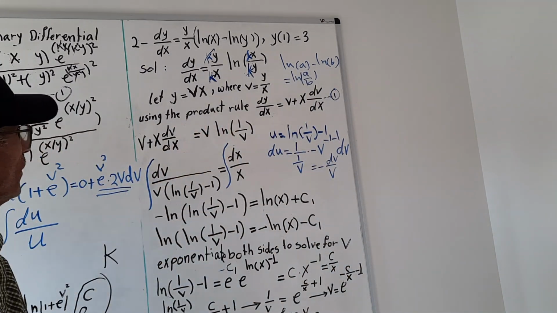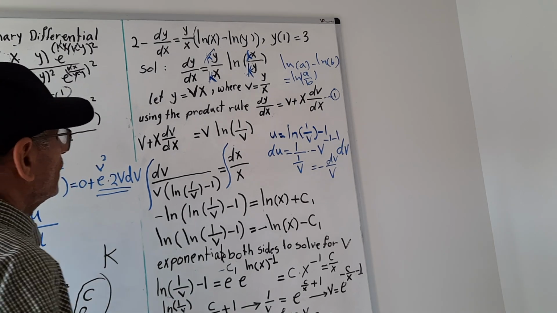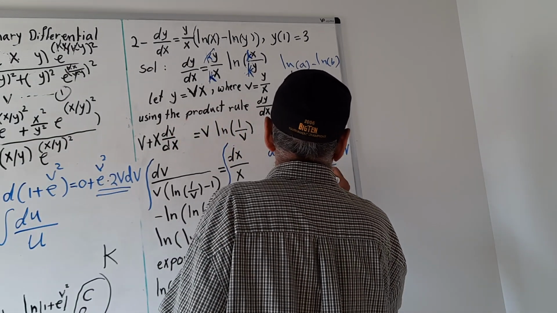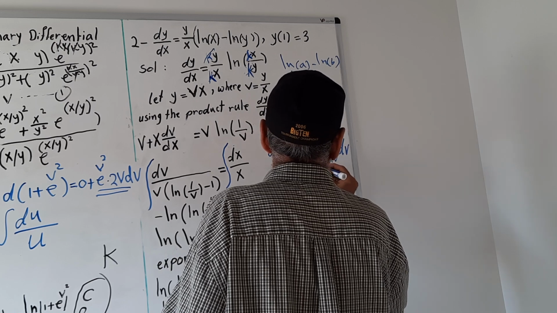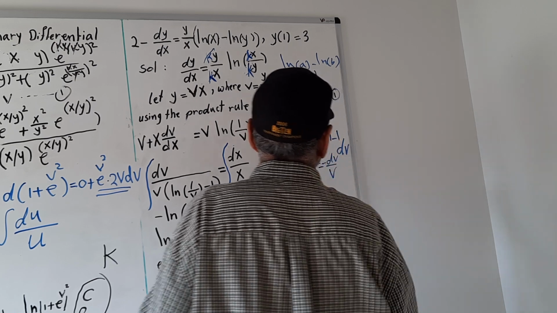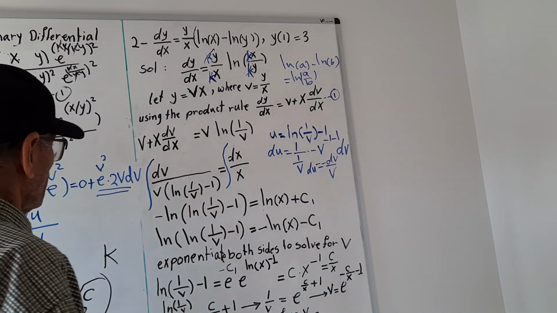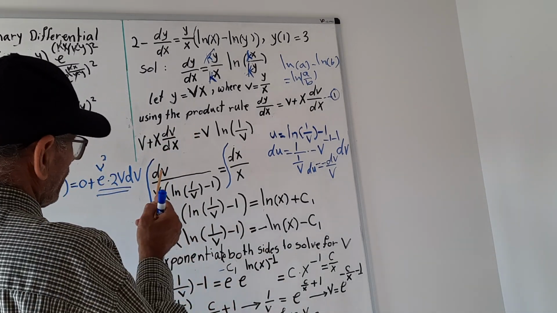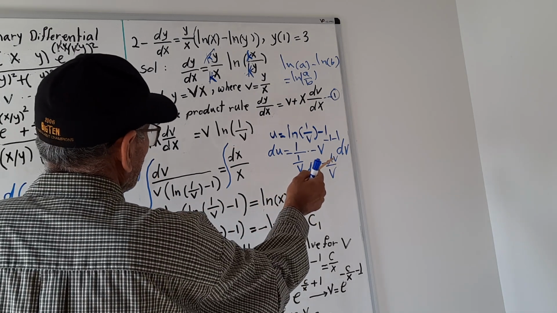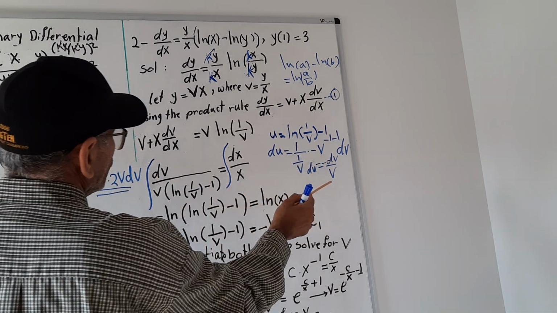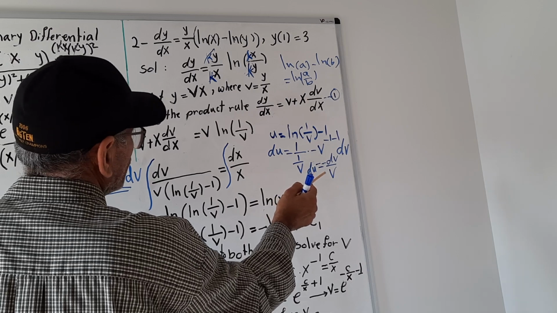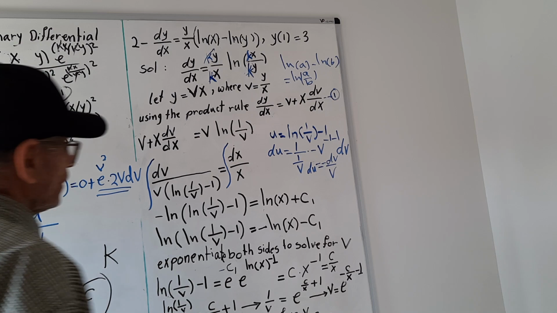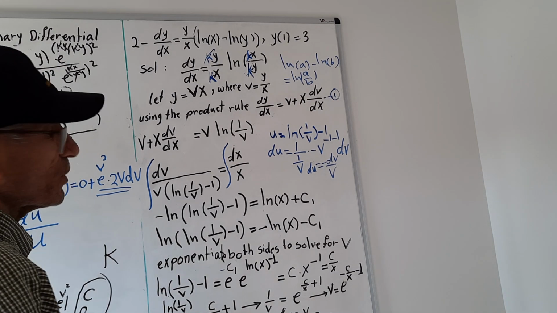This is how we did it here. So du equals minus dv over v. And then we put, so dv will be equal to minus v du, and then the v cancels with this, and it will be easy to integrate.